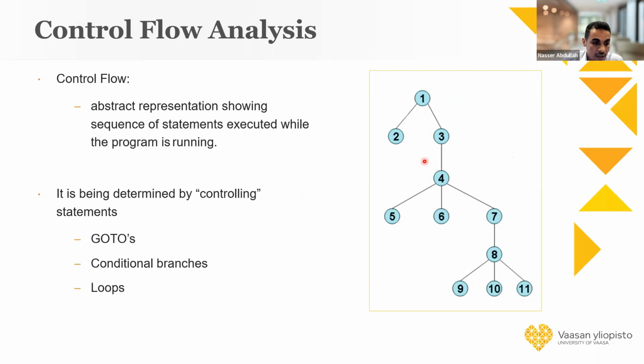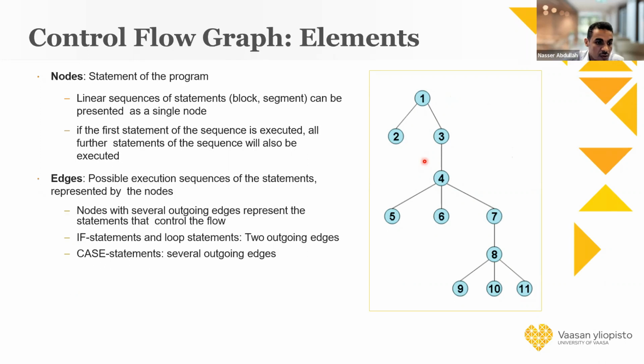The edge is the possible execution sequence of the statements represented by the nodes. Sometimes we have more than one possibility, so they wrote "possible execution" here.